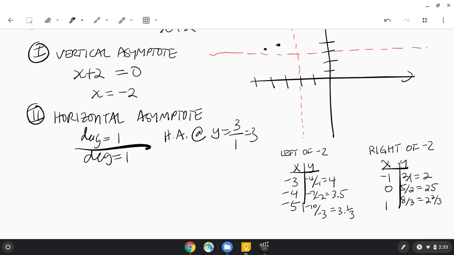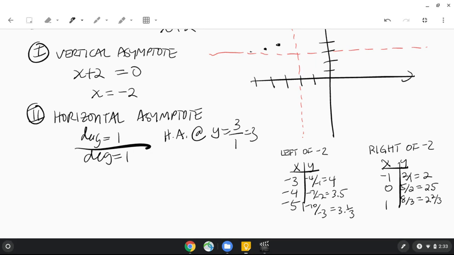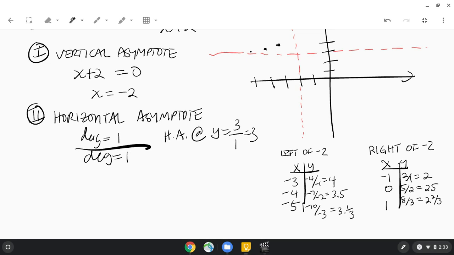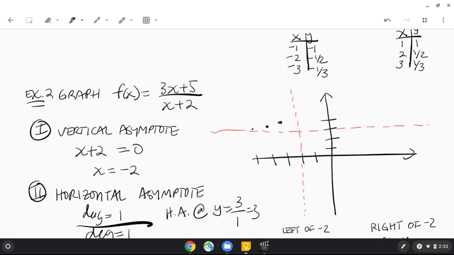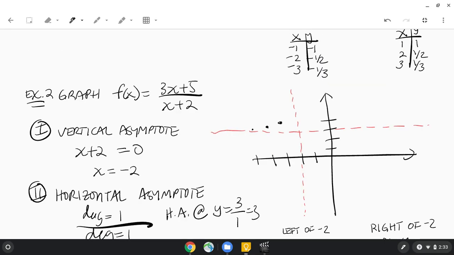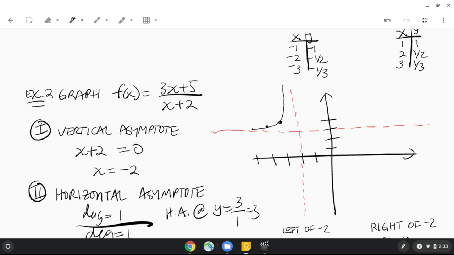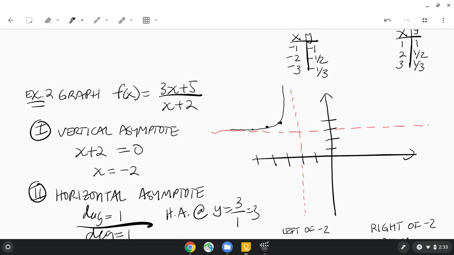So I can see here that my graph would be going towards that horizontal asymptote. So I get one branch over here. We see it getting closer and closer.